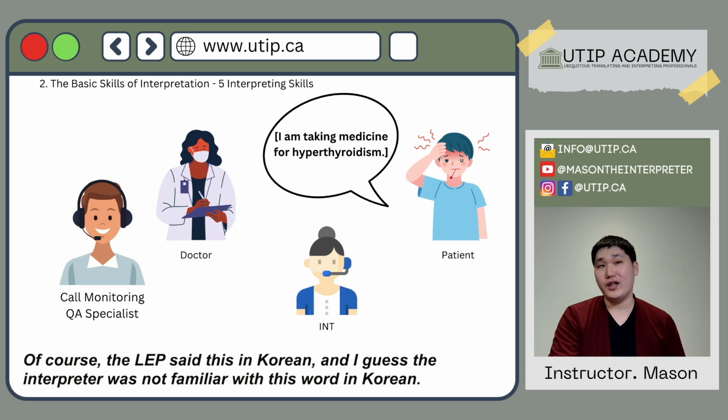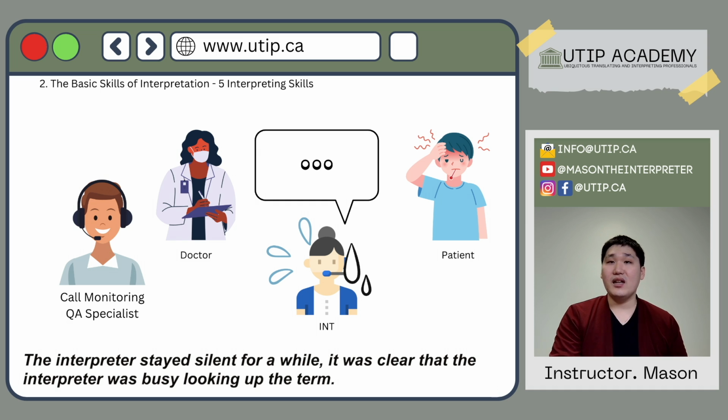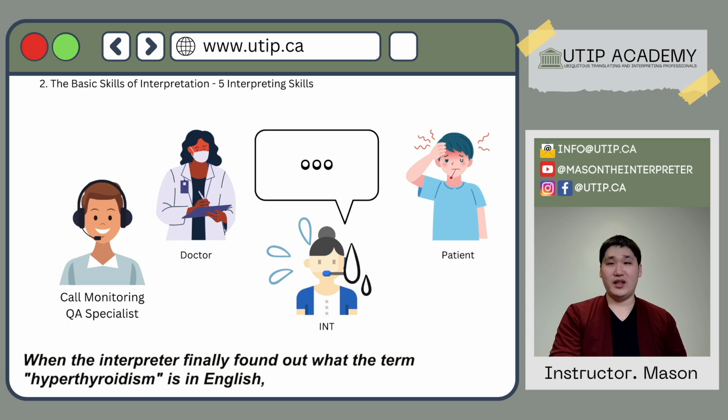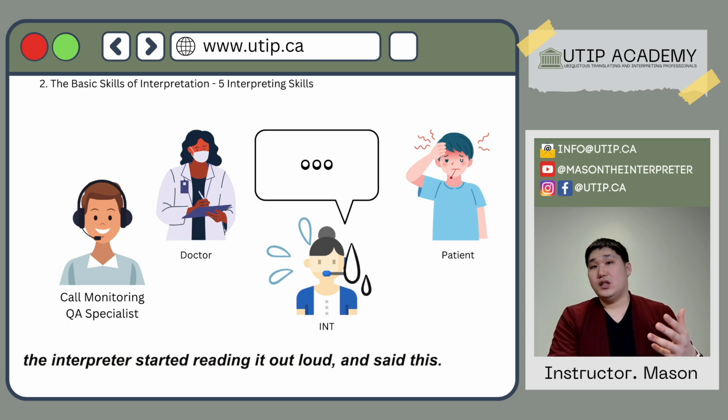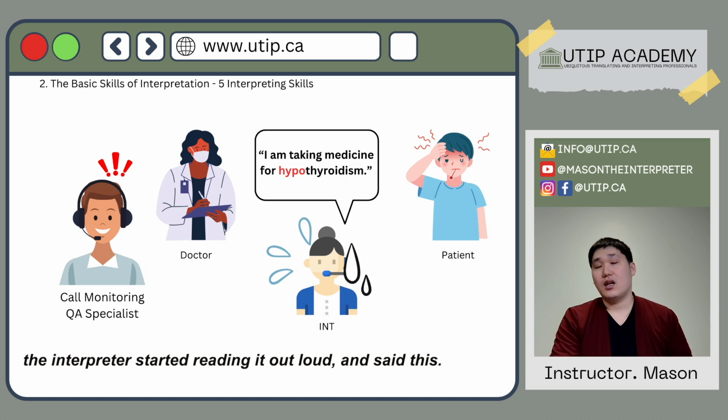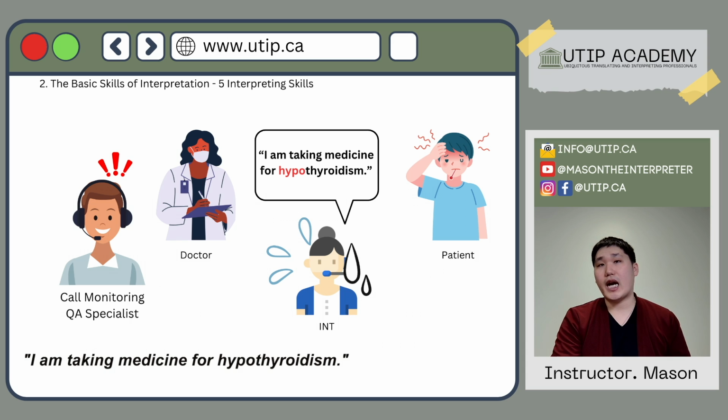The interpreter stayed silent for a while. It was clear that the interpreter was busy looking up the term. When the interpreter finally found out the term hyperthyroidism in English, the interpreter started reading it out loud and said this: I am taking medicine for hypothyroidism.